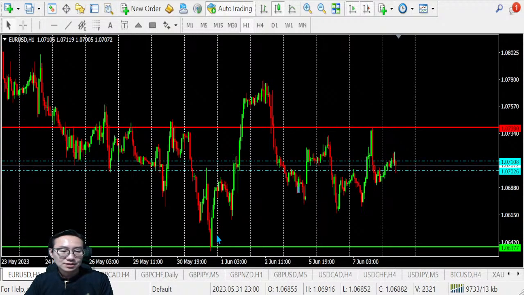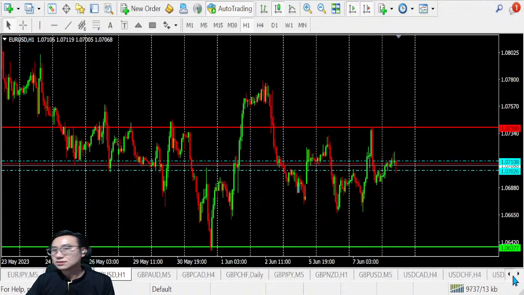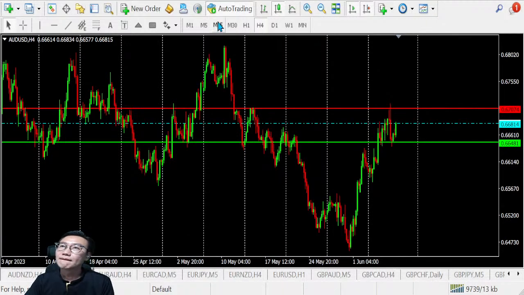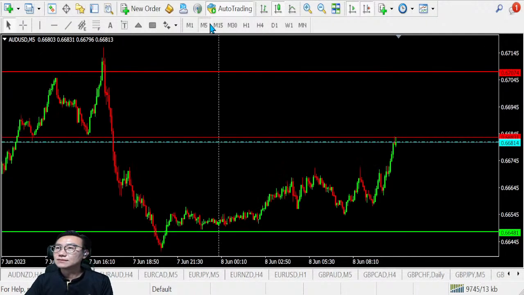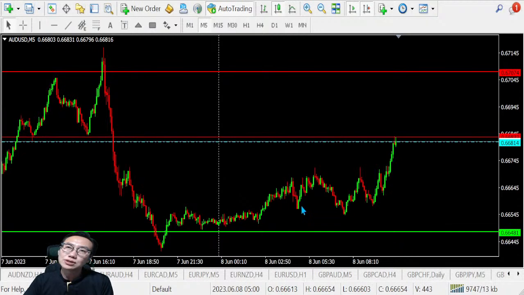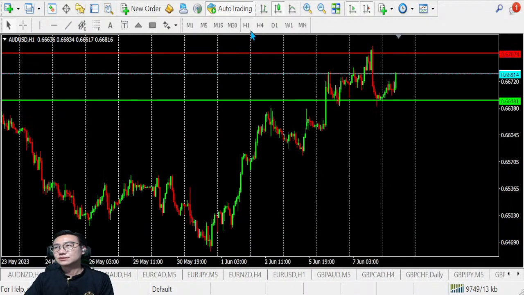Euro dollar, Aussie dollar already made a run up earlier. Okay, let's take a look at Aussie dollar. We are actually looking into this buy being temporary.